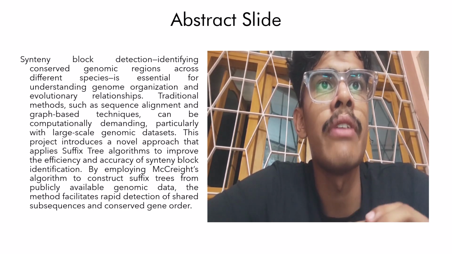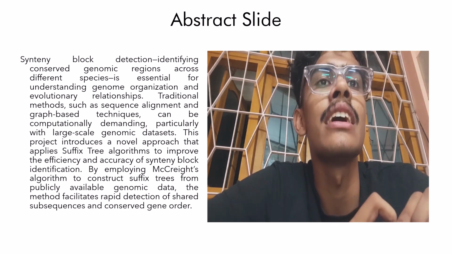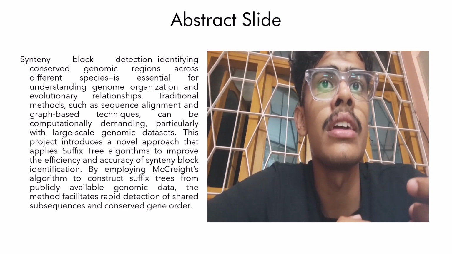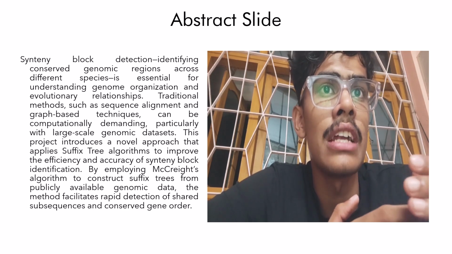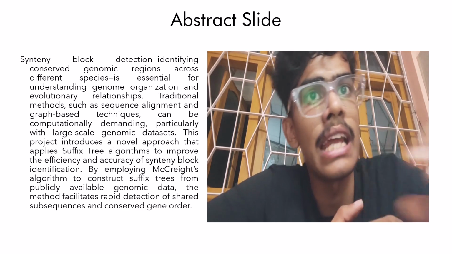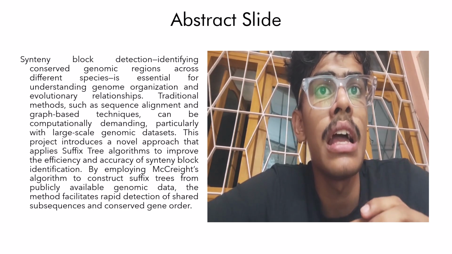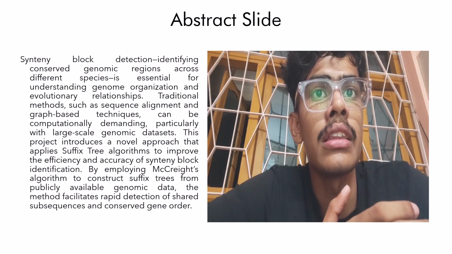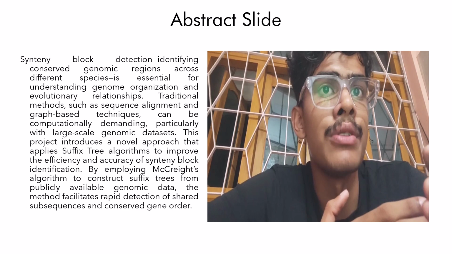The advantage of this algorithm is speed, and it can be used to rapidly find repeating patterns and gene orders without consuming much time, and it can be used for larger genomic data sets. This is an effective algorithm for studying genome sequence, conservation and evolution.